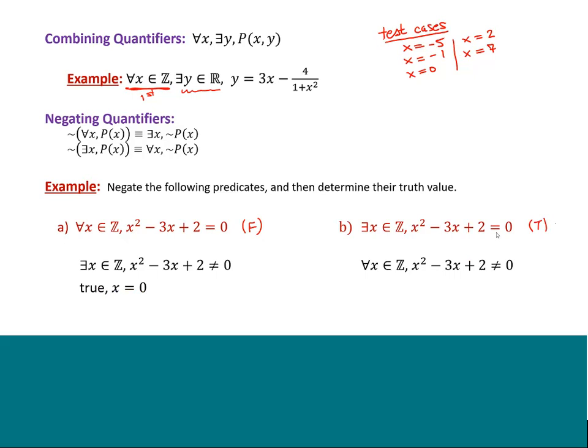Now, if we look at this guy, what do you guys think? That now in black type, does that new or negated statement look like it is false, which is what we're hoping happens, logically speaking? Is that false? In other words, how would you tell if it's false? You're able to find at least one integer where the equals is actually true. And we actually did this one before.